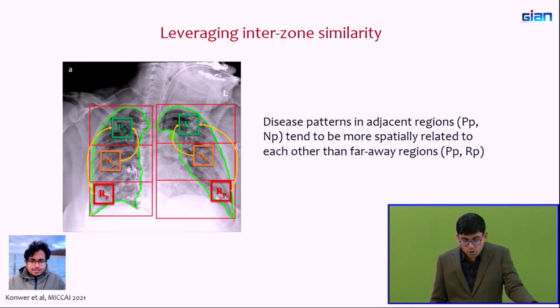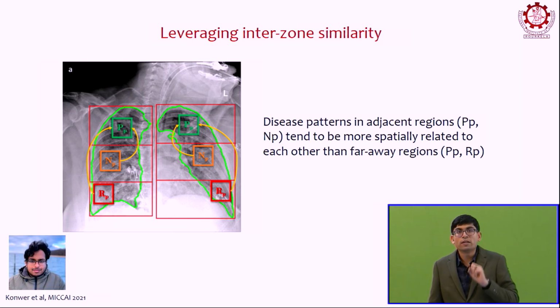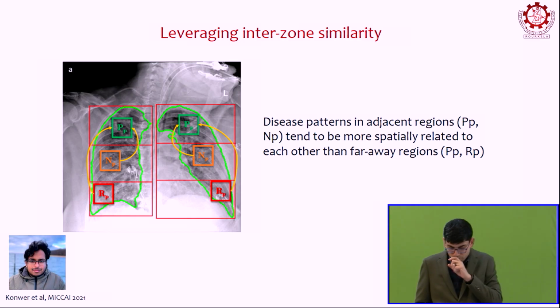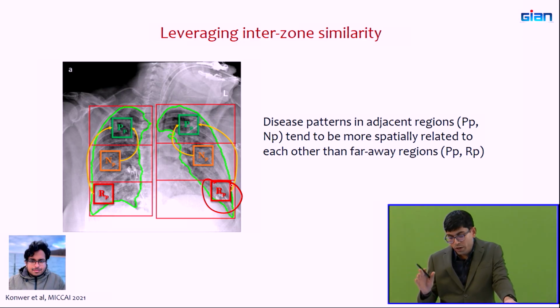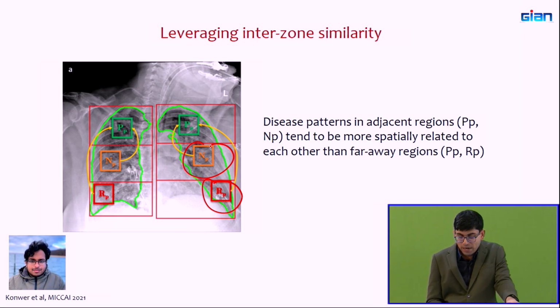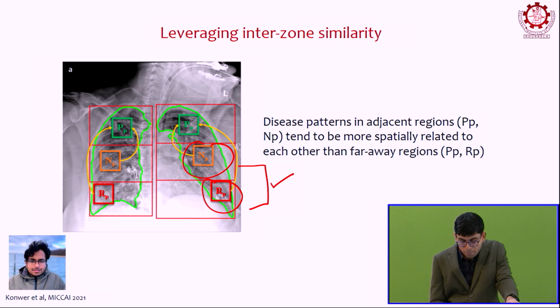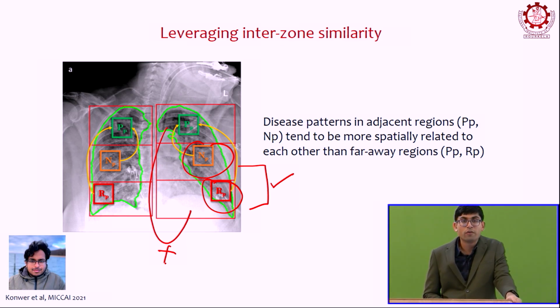So what does this mean, and how can we model this mathematically? What this means is that the disease patterns in adjacent regions, so let's say you have the lower left lung and the middle left lung, would be more similar compared to the disease patterns farther away.